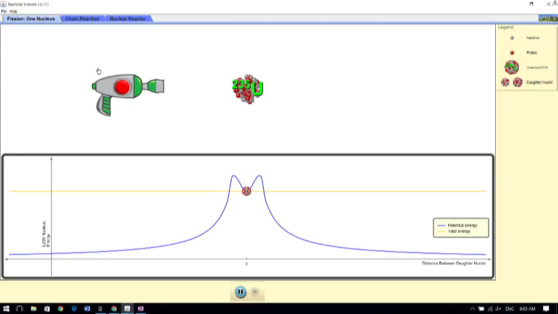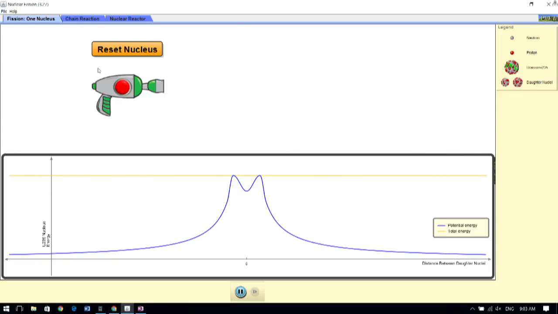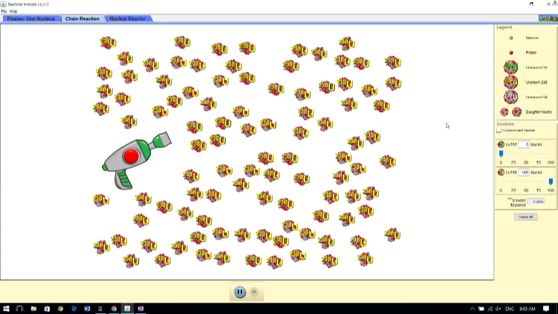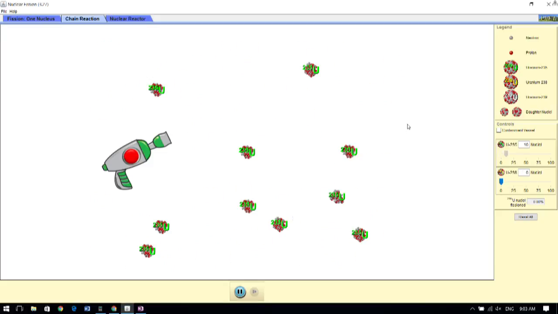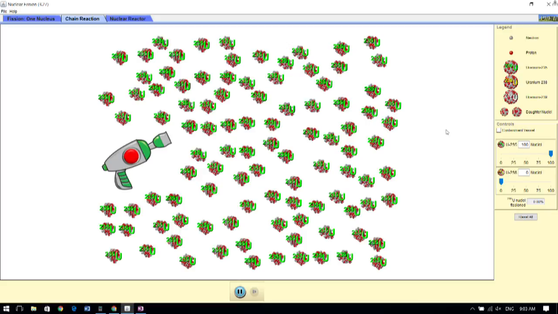So we'll do that one more time. Uranium-235 gets a neutron, changes to uranium-236, becomes unstable, and then it breaks apart into its daughter products, essentially. So that is just one. If we have a whole lot, so let's add 100 atoms of uranium-235, and I take my super-duper neutron blaster and aim it at just one nucleus, and it breaks apart.